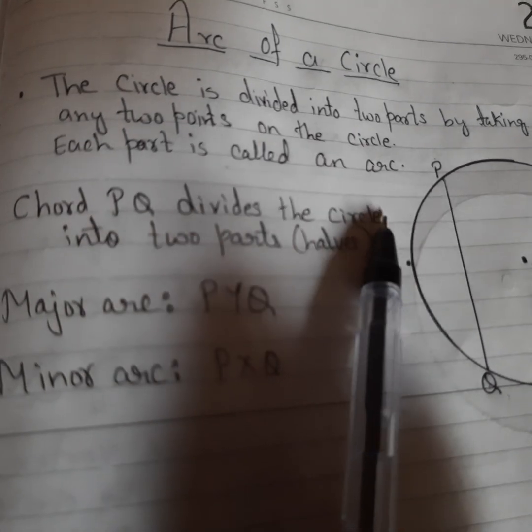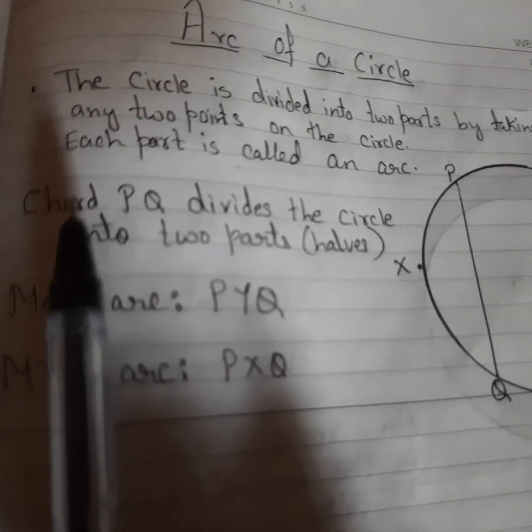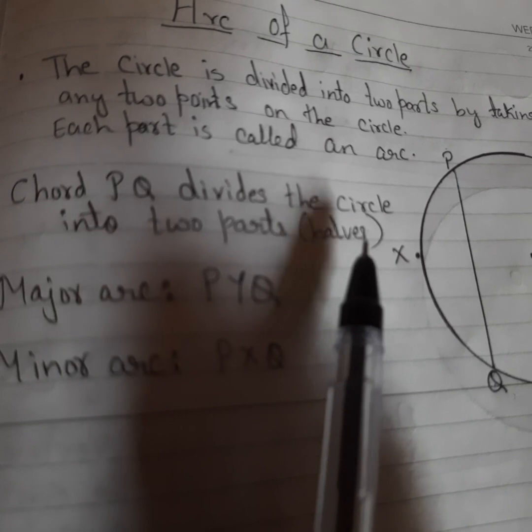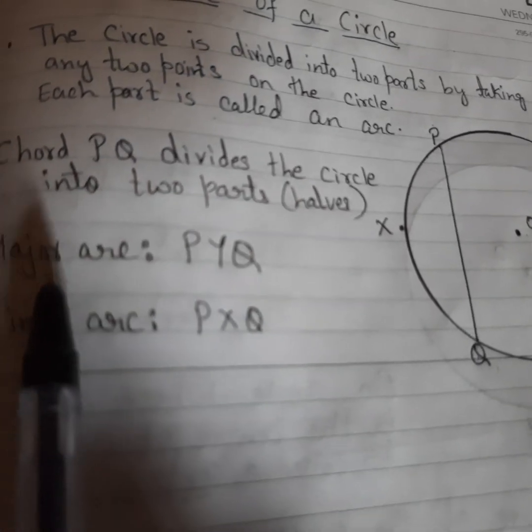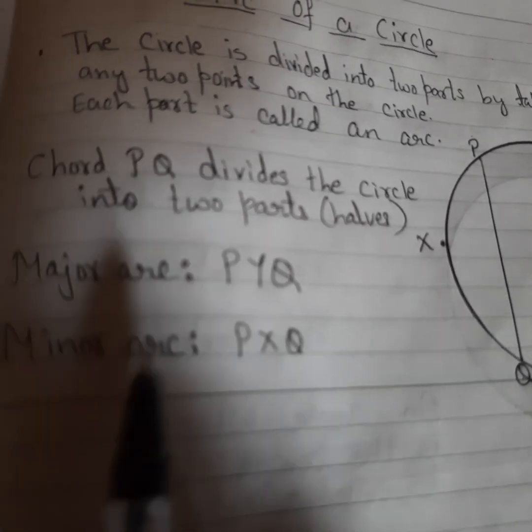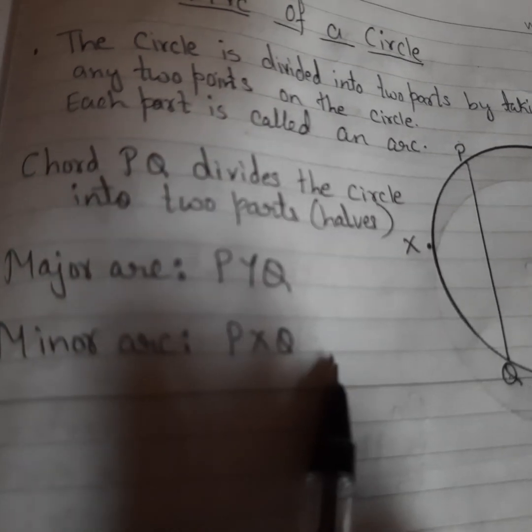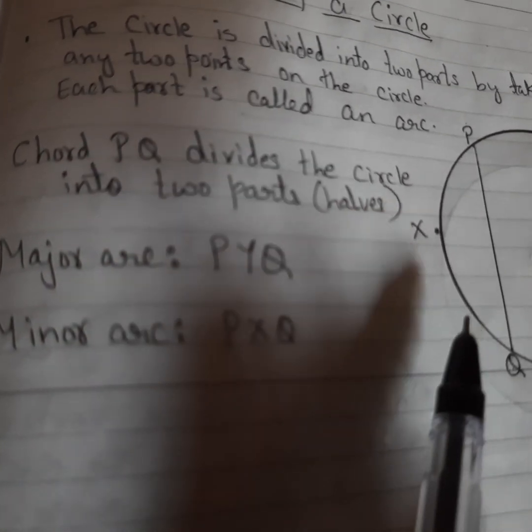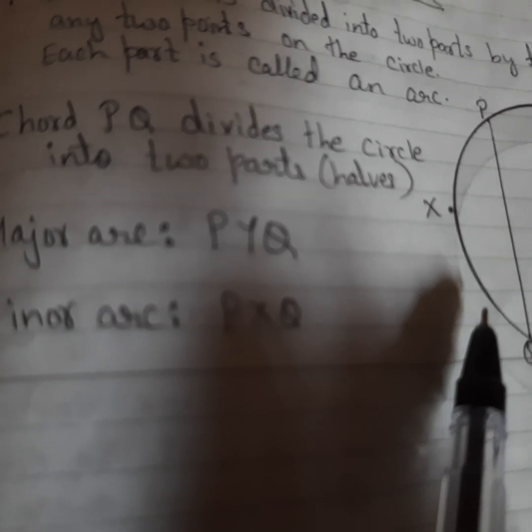Each part is called an arc. Chord PQ divides a circle into 2 parts, because of which we have major arc PYQ and minor arc PXQ, and they are corresponding to each other, thus they are called corresponding arcs.